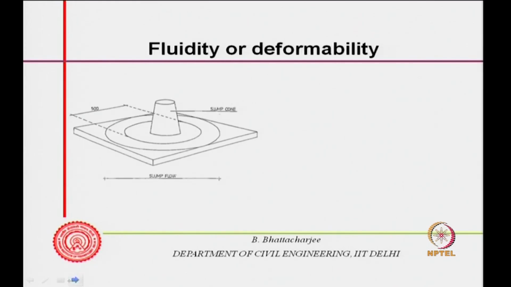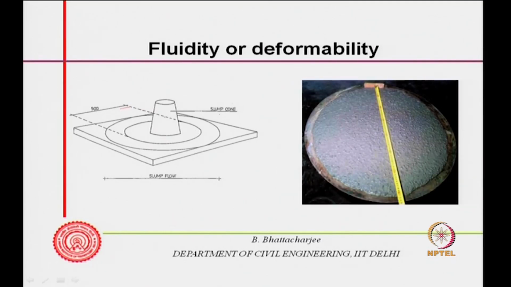This is your slump cone and these are the markings, this is about 500 mm. You fill it in the standard manner, lift it up, and it should spread like this. Measure this spread.